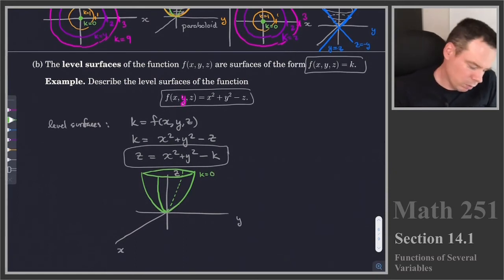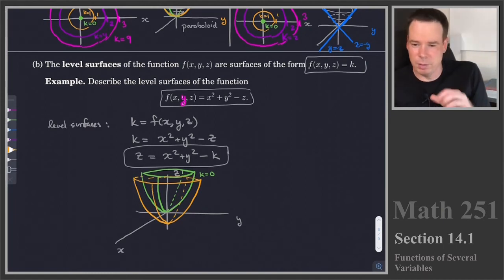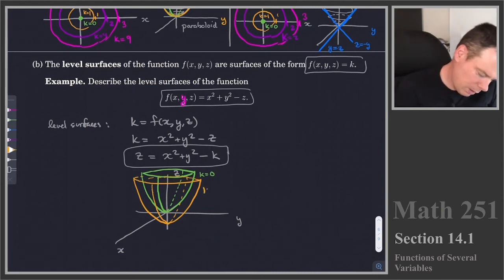What about k equals 1? Well, when k equals 1, we get x squared plus y squared minus 1. So it's this whole picture, but shifted down 1 unit. So it looks like this. Of course, it keeps opening up forever, but I'm only going to draw a truncated version of it. It's another bowl of the same shape, just pulled down a little bit. And that would be k equals 1.